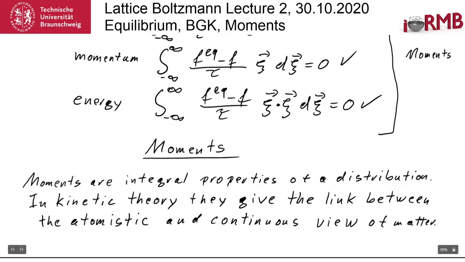Atomistically speaking, we have particles, and these particles have velocity xi. Each particle is moving around in space, even if the air is completely at rest.